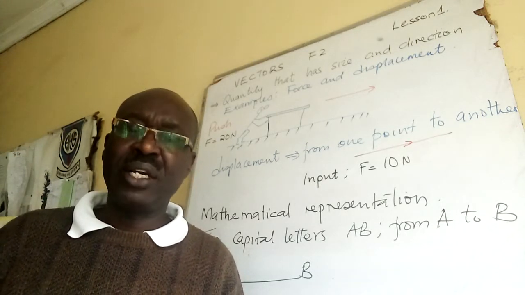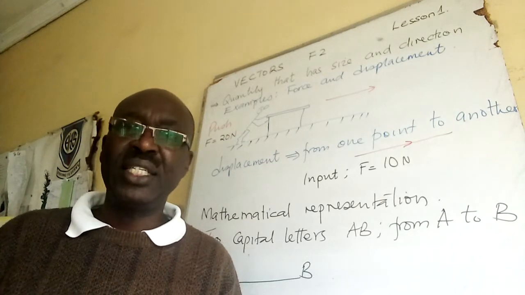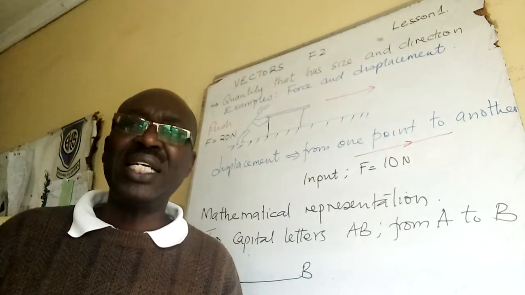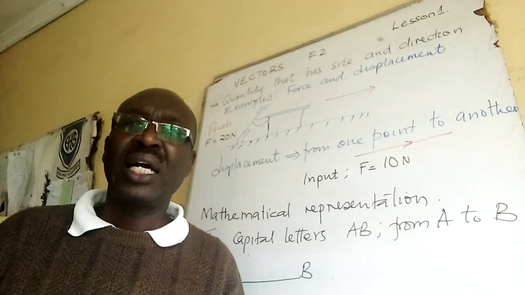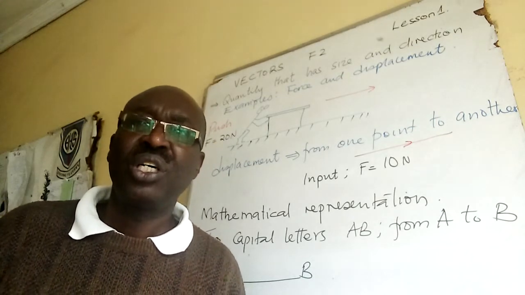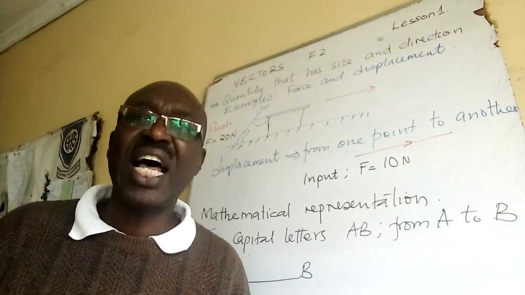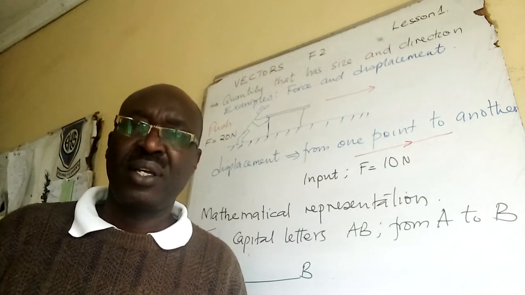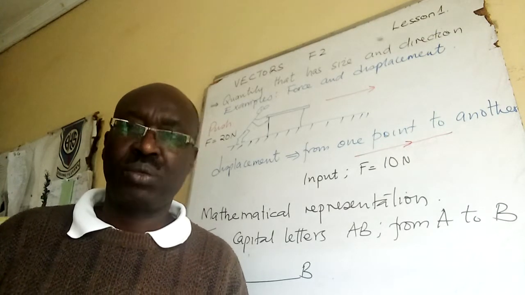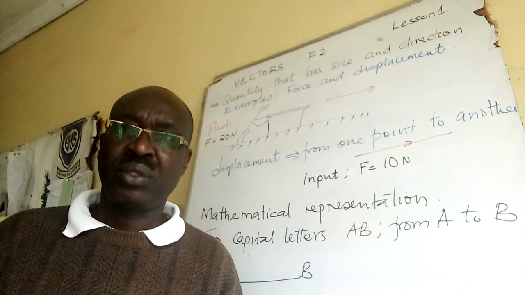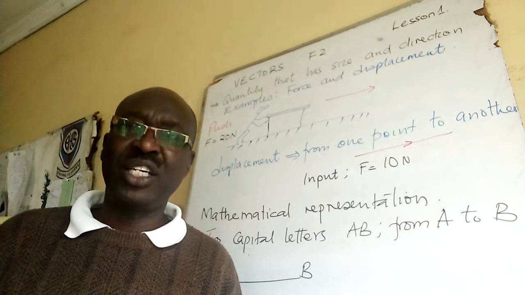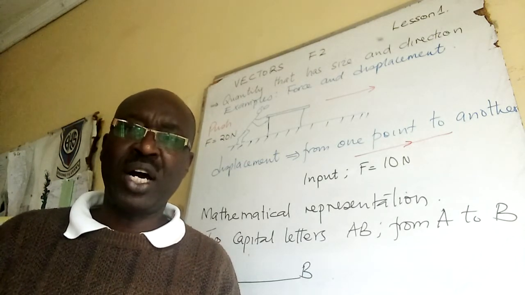What does that mean? Vector quantities are quantities which have size and direction. Some people use magnitude for the word size.